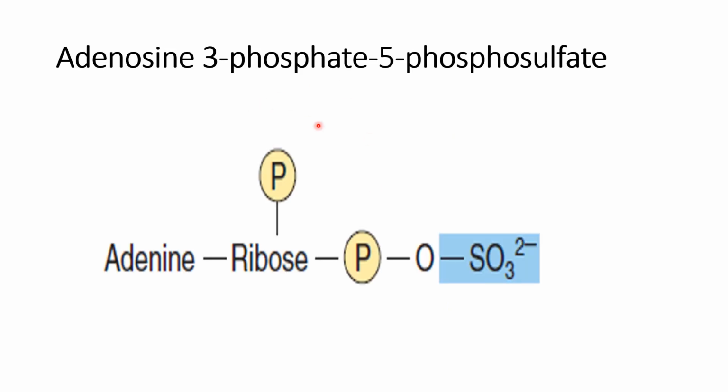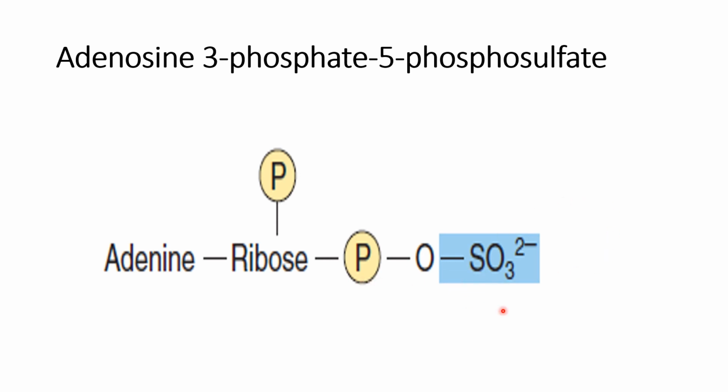Another compound is known as adenosine 3'-phosphate 5'-phosphosulfate. This is another active compound. Here the 3' position contains a phosphate residue, and the 5' position contains the sulfate.